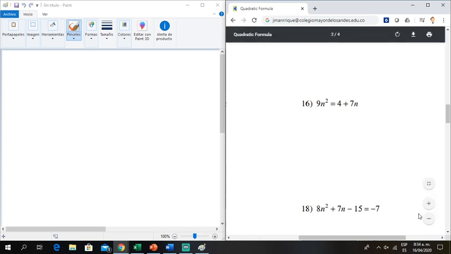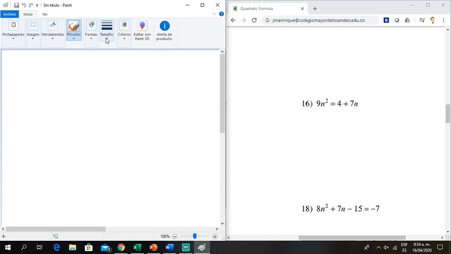Now we're going to use this one. We have this equation: 9n squared equals 4 plus 7n. We have to simplify the expression. We have to move the other numbers to the left side.